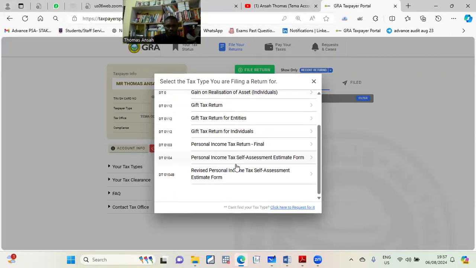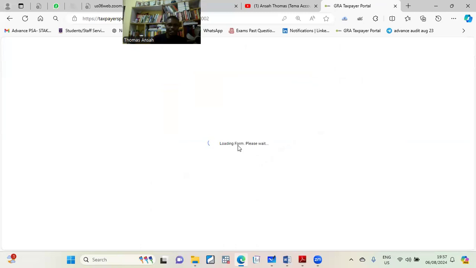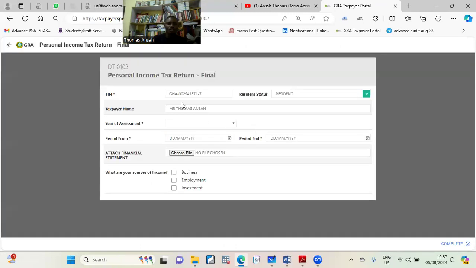So let's say I want to file for personal income tax. This is a return. This is the return form. The return form will show, and in level 2, they ask questions like state 8 features of a return form. These are the features. You need to put in your information.